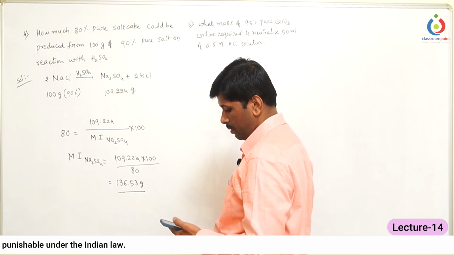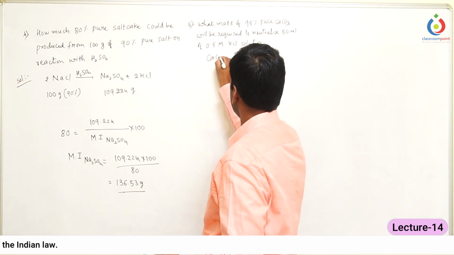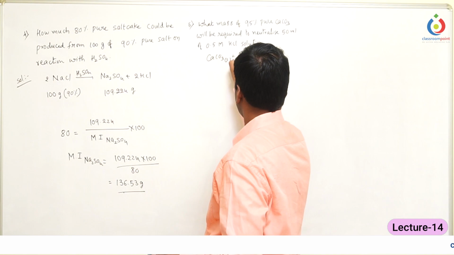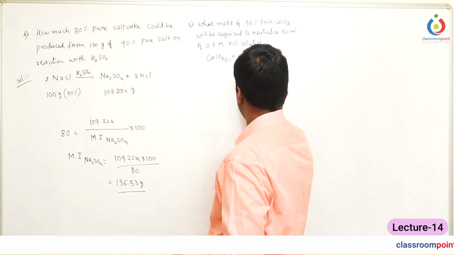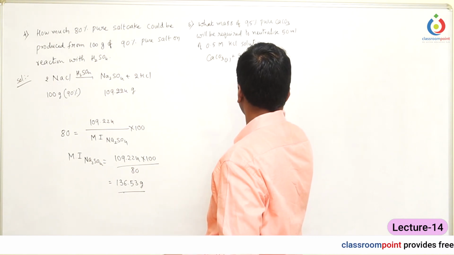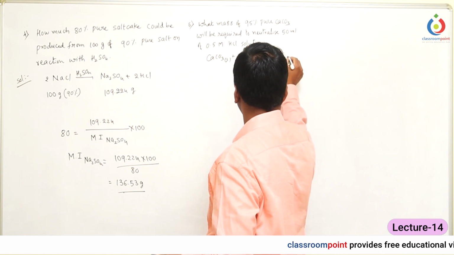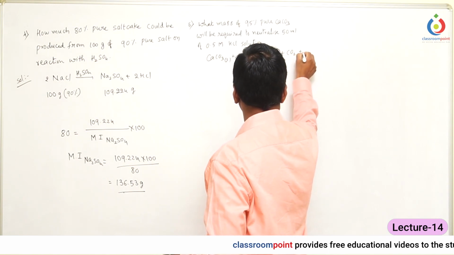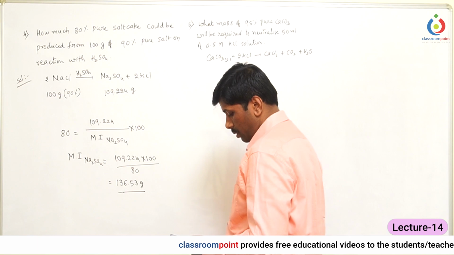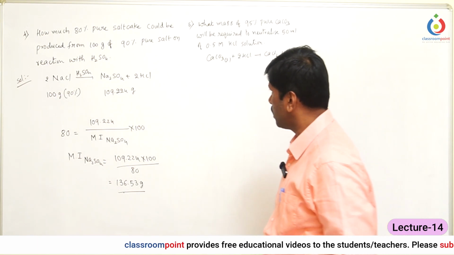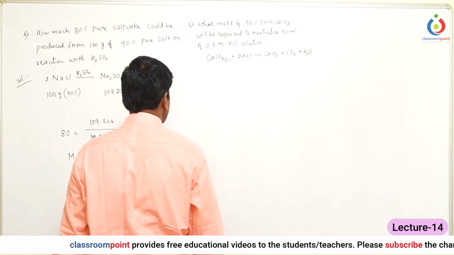The equation is also given here. CaCO3 on reaction with 2 moles of HCl gives CaCl2 plus CO2 plus H2O. So this is the question asked in the previous NEET examination.